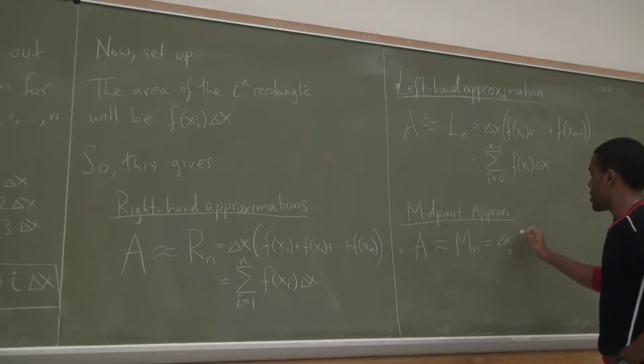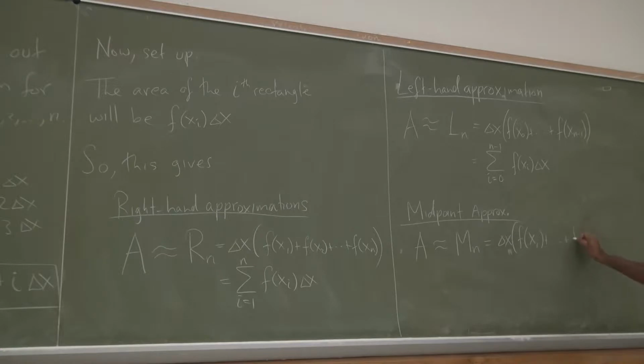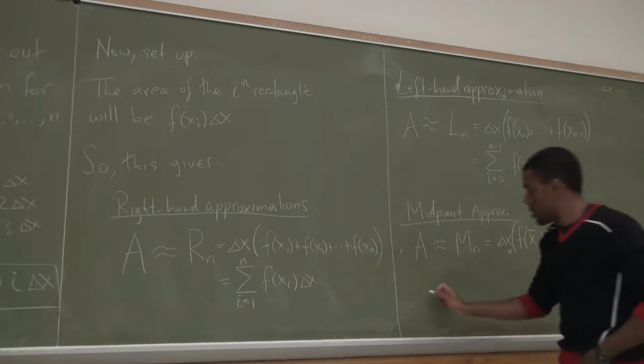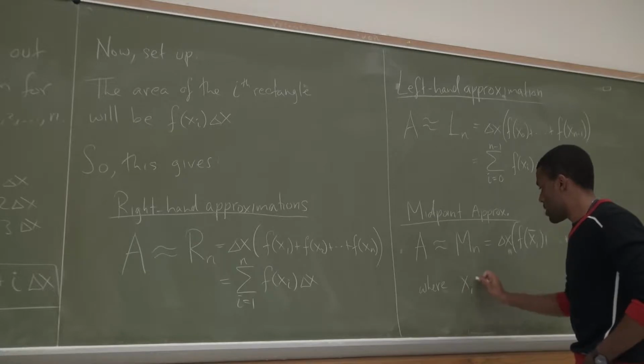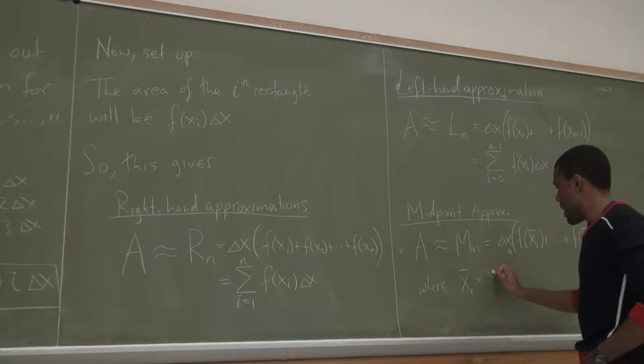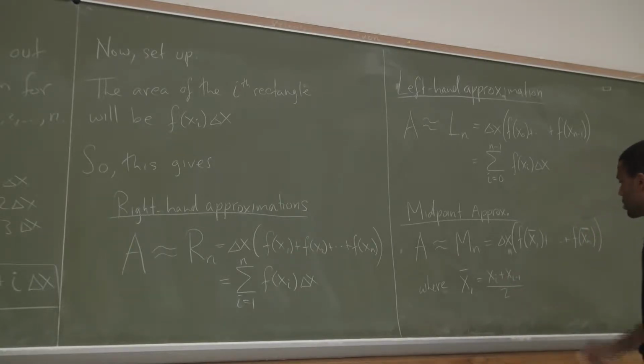It's just delta x times f of x1 bar all the way up to f of xn bar, where xi bar is just the average of the ith term and the term before it over 2, right?